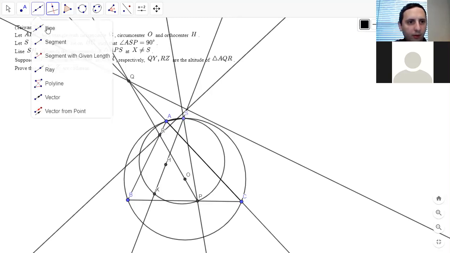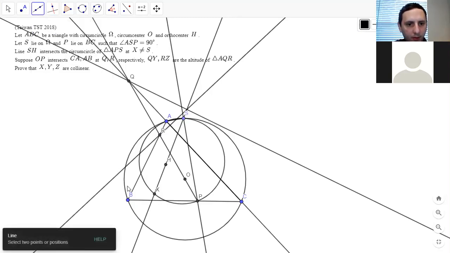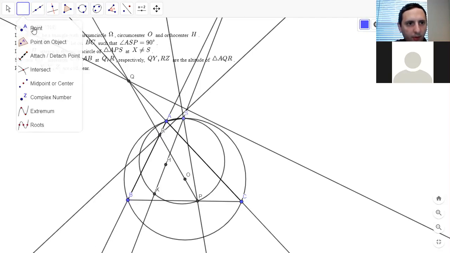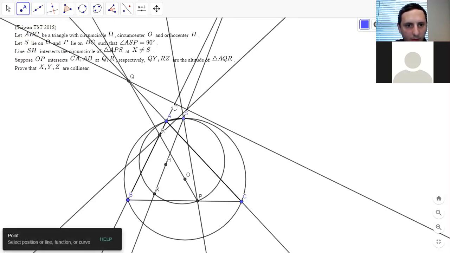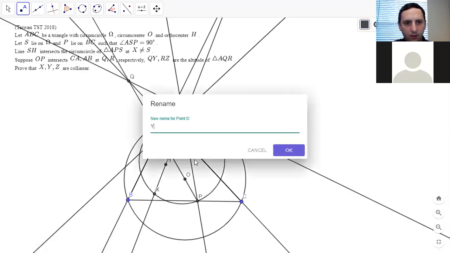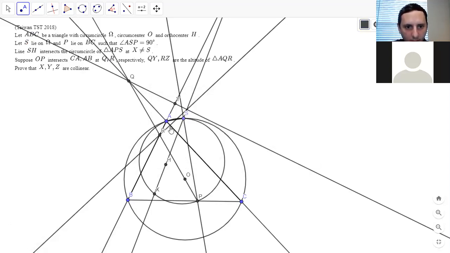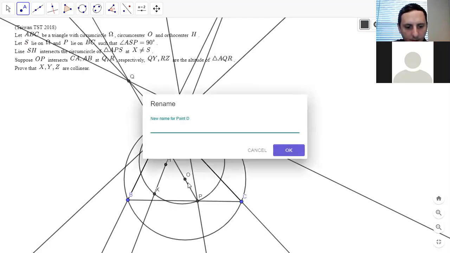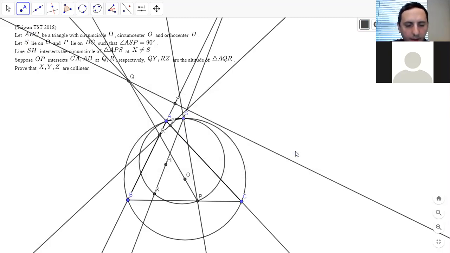So let's kind of see what that looks like. It's a lot of points here. So QY and RZ. We want to show that X, Y, and Z are collinear.